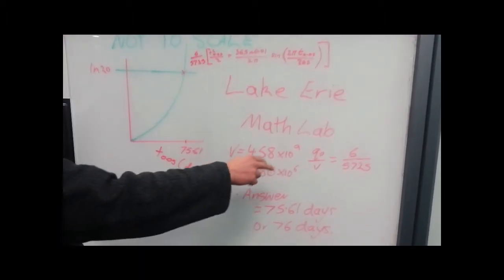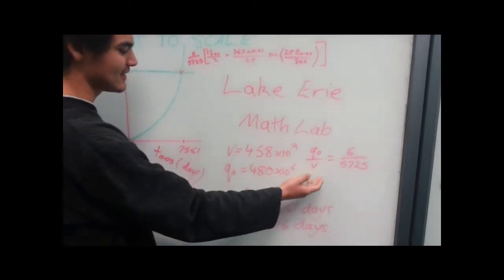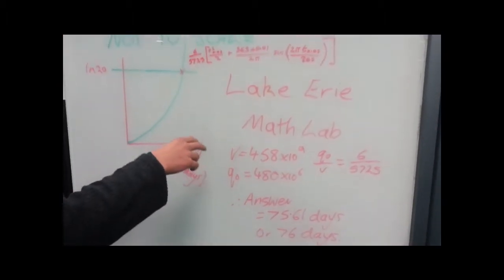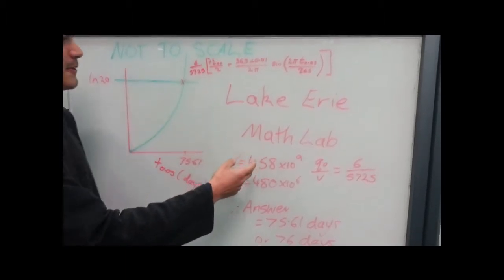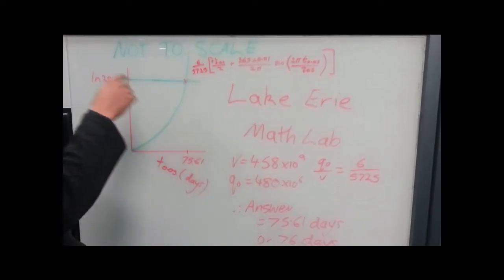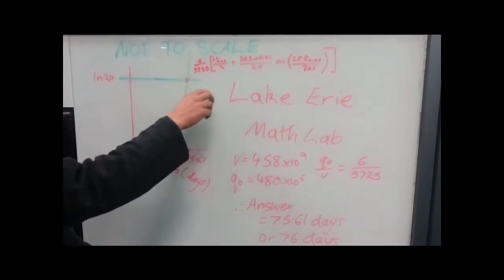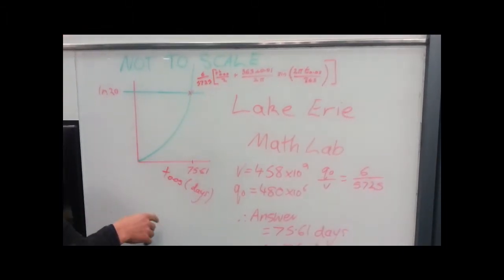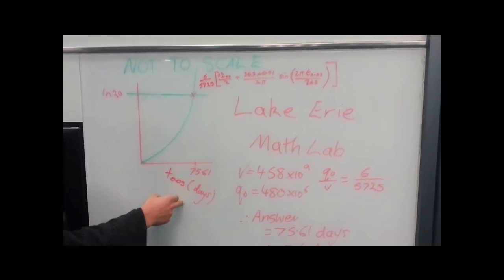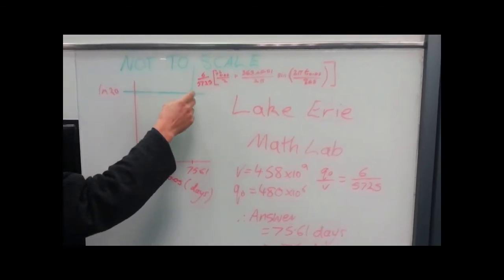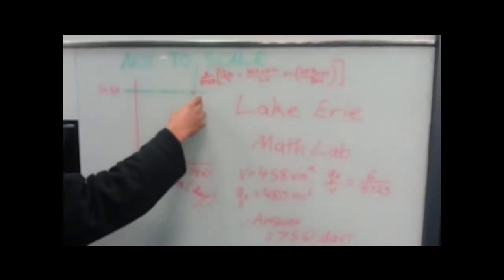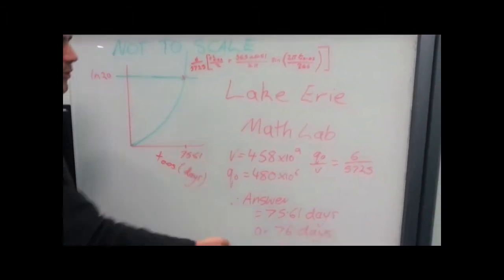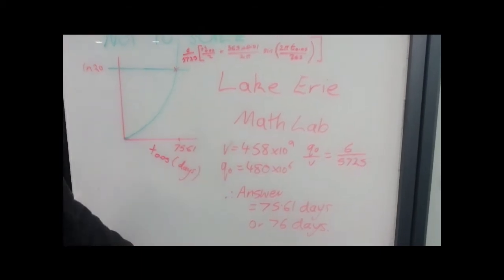Right, so using the values of this, v equals this and q equals this, and using MATLAB, we were able to plot a graph, ln 20 and this equation here. To find the amount of days, we were to find the point of intersection of these two graphs, which came out to be 75.61 days, or 76 days.